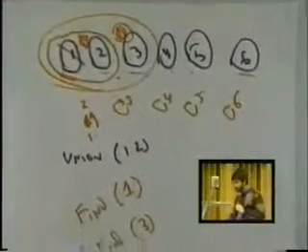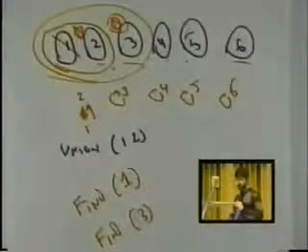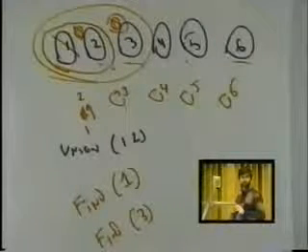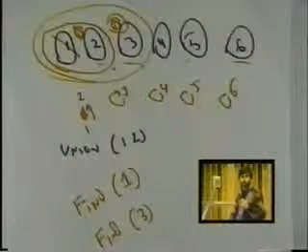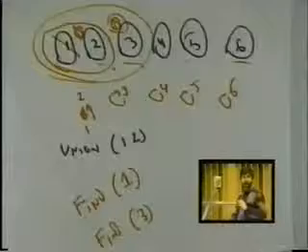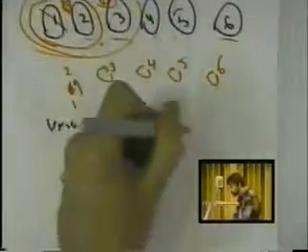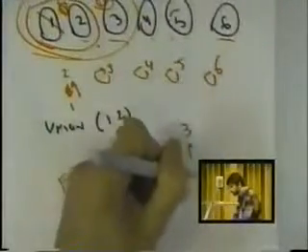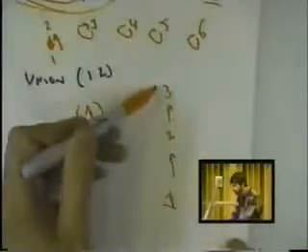What's interesting about this? If we want to now ask ourselves, how do we merge 2 and 3? One of them is going to be assigned to be the leader. Which one? Well, for correctness, it doesn't really matter. We could make 3 the leader, which would give us a tree that looks something like this. 2 is the leader of 1, 3 is the leader of 2.